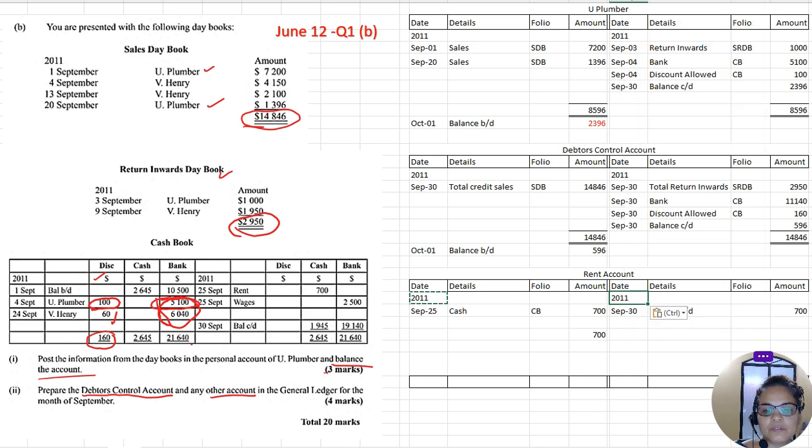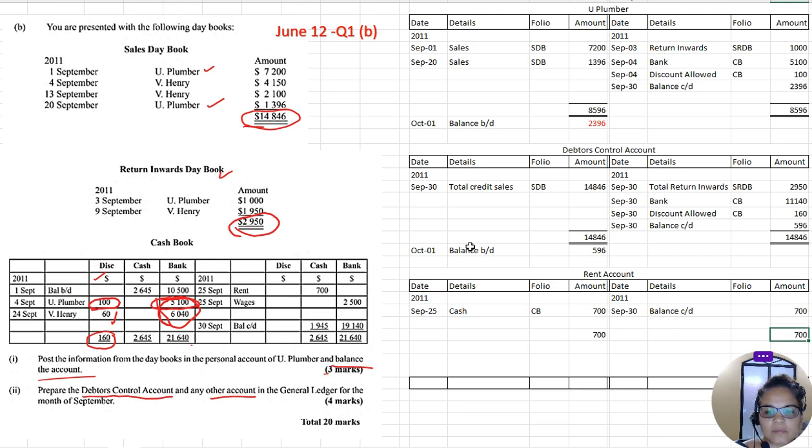Also put in the date for you. And you total your accounts. Make sure it balances. And if the balance carried on is 700 on your credit side, on October the 1st of the following month, you have now your balance brought down for the same value.